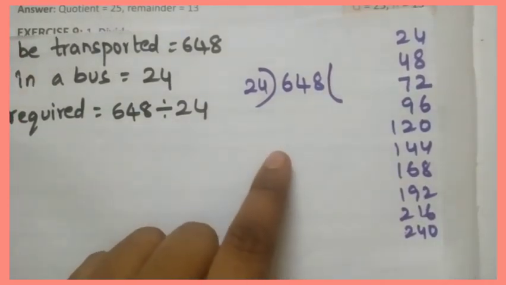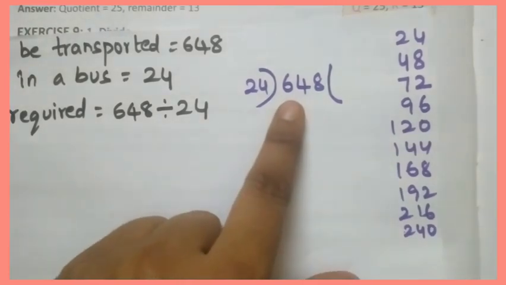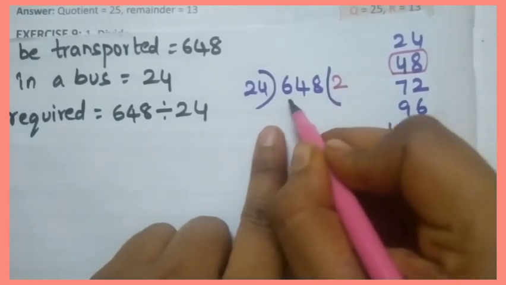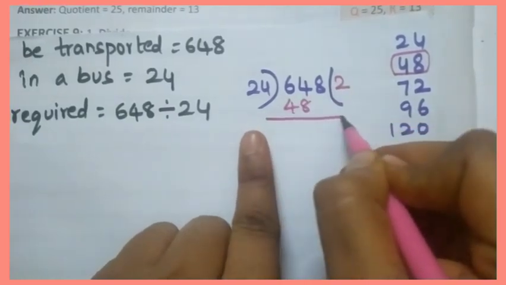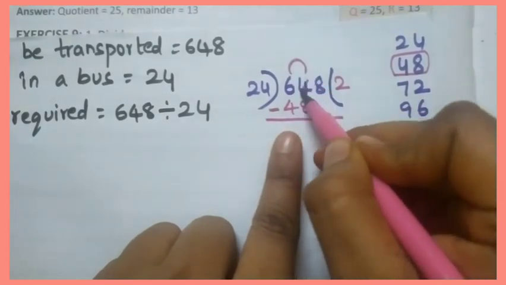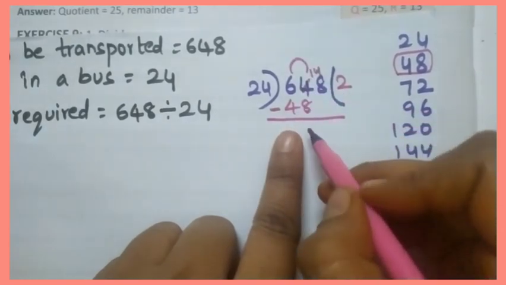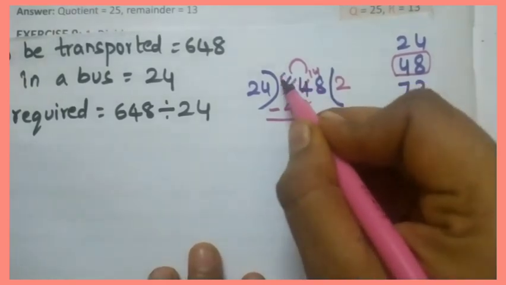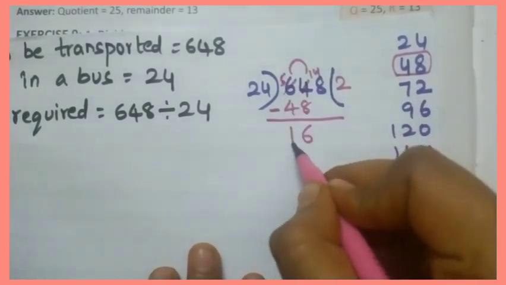Now look here. In the 24 table we won't get 64. So we'll take 48. 24 twos are 48. From 4 we cannot subtract 8. So we'll take borrow. It will be 14. 14 minus 8 is 6. This 6 will become 5. 5 minus 4 is 1.